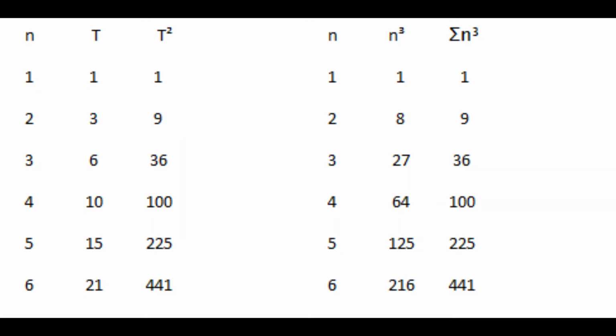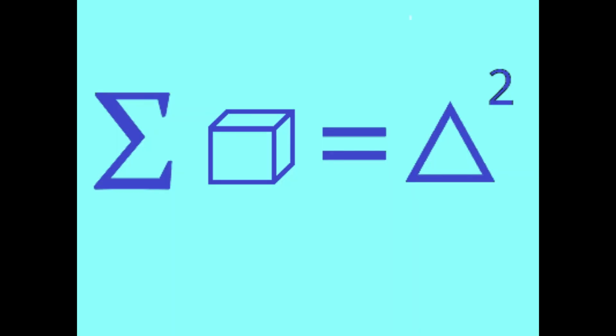So its formula looks like this: the sum of the cubes from 1 to n is equal to the triangle number of n, squared. You show it this way, or this way, if you like sum notation, or this weird graphical way that I like. Now, this is interesting because this doesn't work with anything else. It only works with triangle numbers.